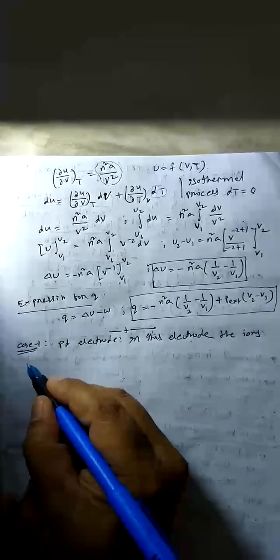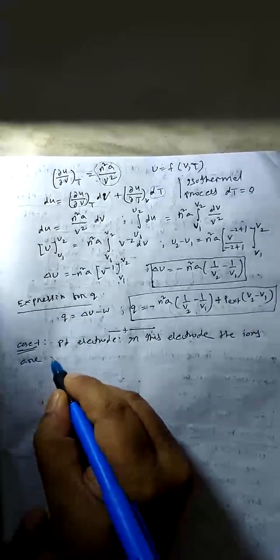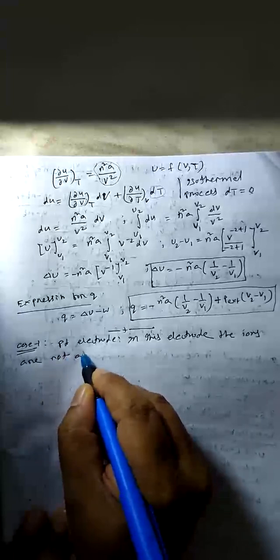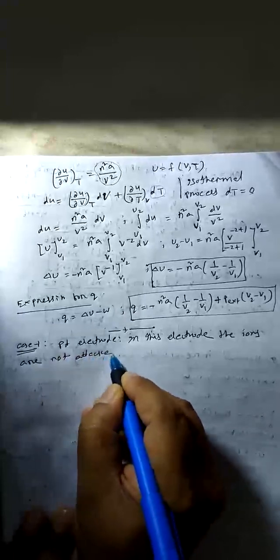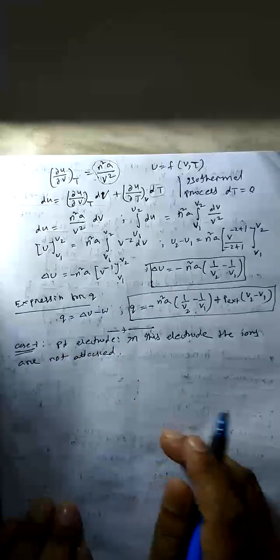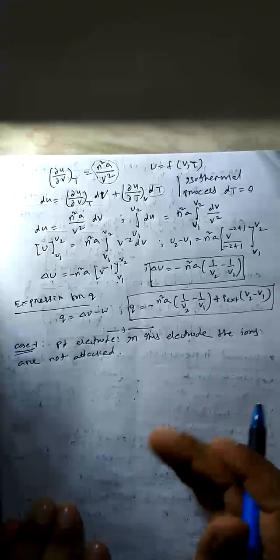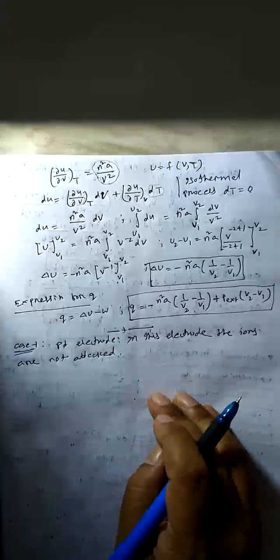Whatever ions are liberated, we take a silver nitrate solution. In the silver nitrate solution, neither silver ion nor nitrate ion will attack the electrode.